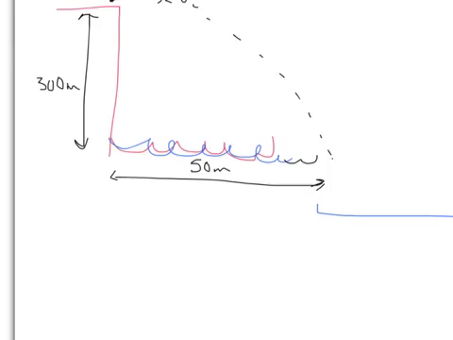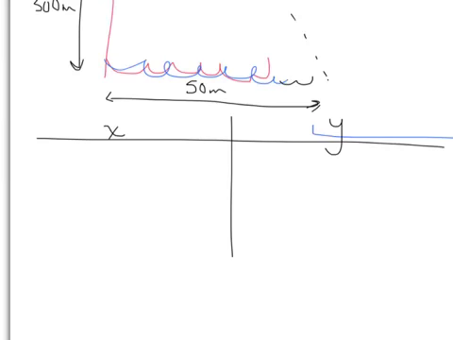What I'd like to do is look at our x and our y direction and write down what we know. So, in the x direction, what do I know? Alright, so x is clearly 50 meters by horizontal displacement.